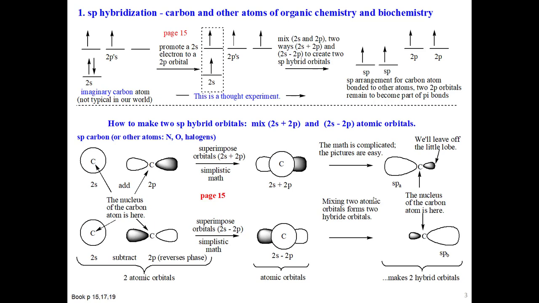So it looks very similar to what we have up above, but it's pointing 180 degrees in the opposite direction. It's pointing 180 degrees because the orbital we created it from is a p orbital, which is a linear shape right here, and that's 180 degrees apart for each of the lobes along that straight line. So I have another sp, we'll leave the little lobe off, and so we'll have two of these.